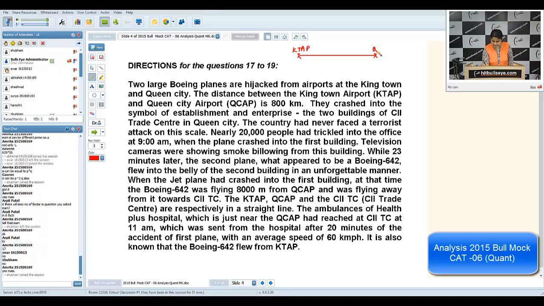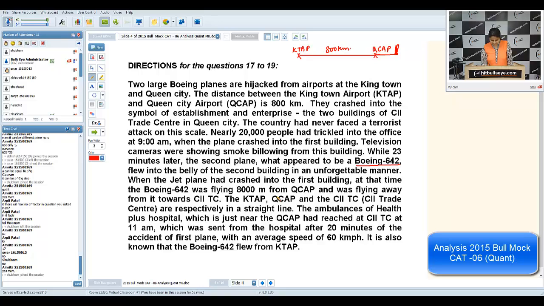One is QCAP, Queen City Airport. The distance between them is 800 kilometers. There are two trade centers, and there are two planes. One is a jet plane and one is Boeing 642.